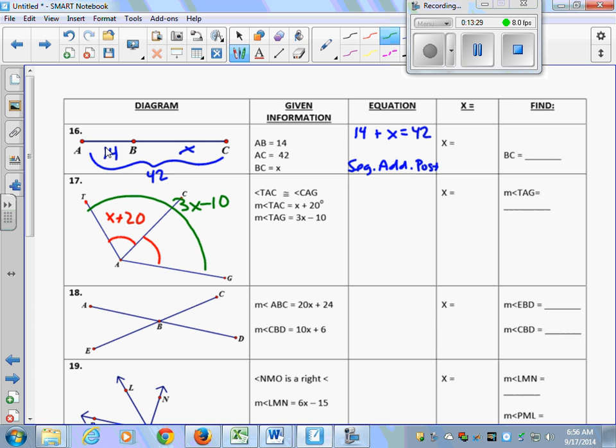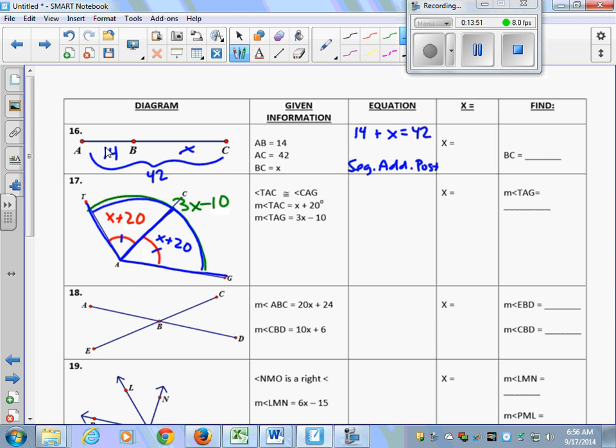Now I have to write an equation that makes sense from this diagram. Well, if TAC is congruent to CAG, then I could make this x plus 20 also. Now, angle addition postulate says this angle plus this angle equals the entire thing.